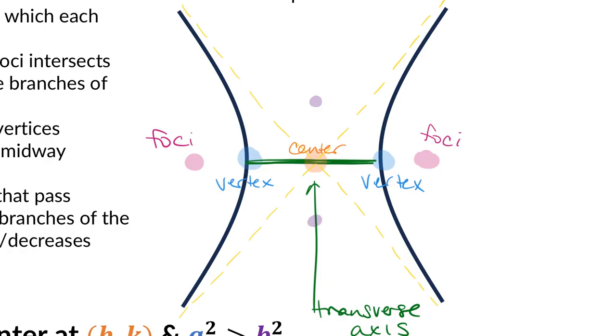This color is purple on purpose because it comes from the b value out of a, b, and c in the formula. What I wanted you to notice is that there is a box that is created. If you go through the vertex, this invisible purple point, the other vertex, and the other invisible purple point, do you see that box?